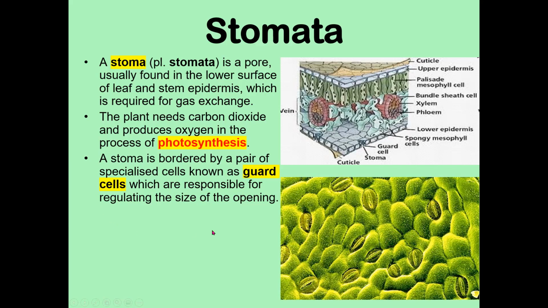And so the stoma, which is the guard, if you like, is made up of two special cells. These two special cells are called guard cells, and they regulate the size of the opening. So how much gas and water vapor and everything moves through it is controlled by the plant.